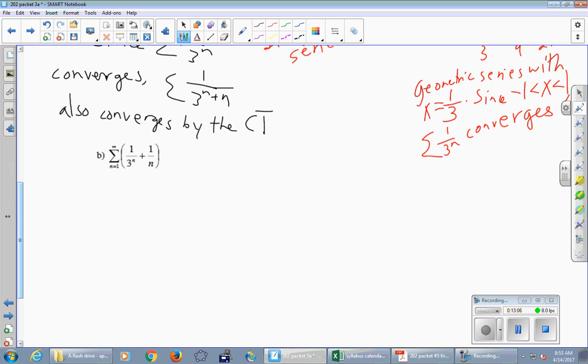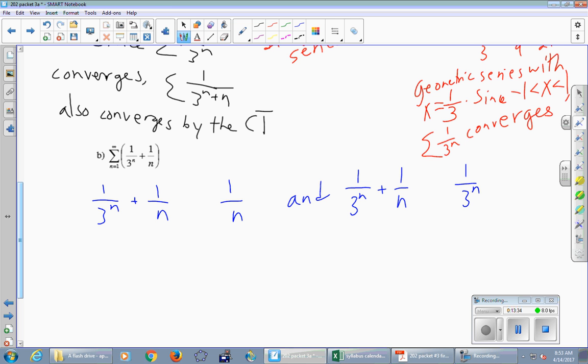Same idea, but 2 fractions here. 1 over 3 to the n plus 1 over n. I suppose I'm doing the same kind of comparison here, right? I'm going to put an inequality there, and I'm going to put an inequality here.